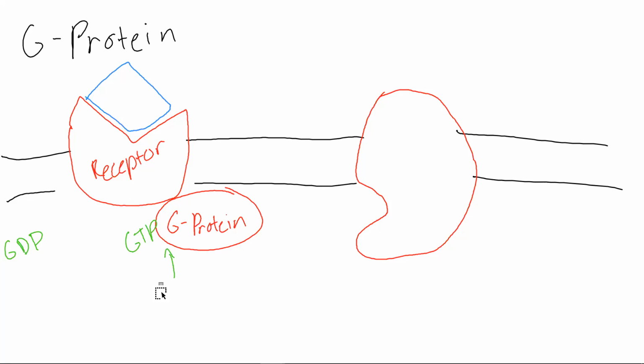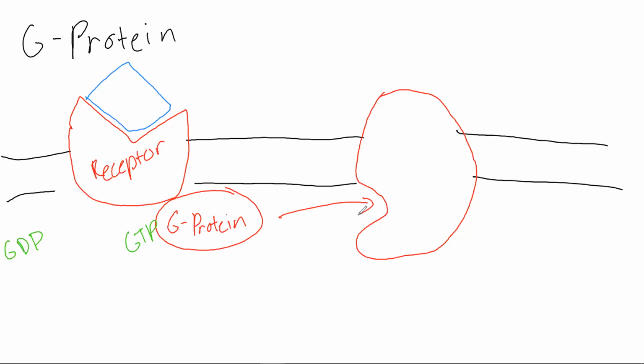And when the GTP makes contact with that G protein, wait a second, I gotta move all this, if it'll comply with me. And now that that GTP is connected to that G protein, it's going to tell the G protein to move. And the G protein is going to move right on over to this slot, which perfectly fits it.